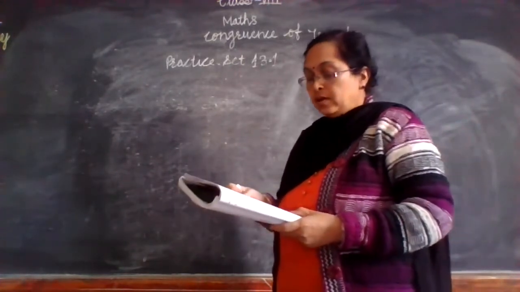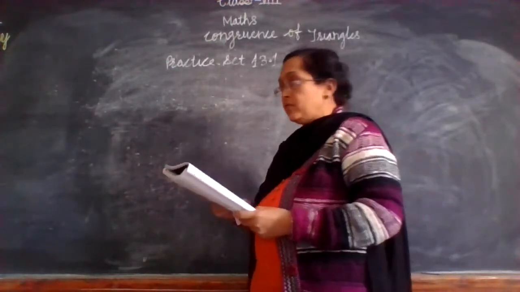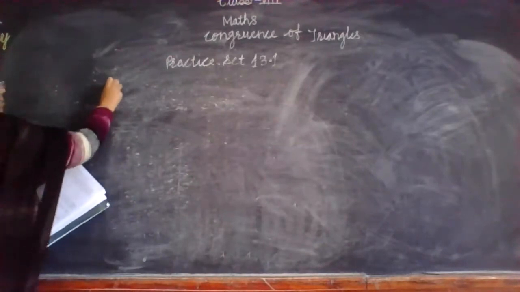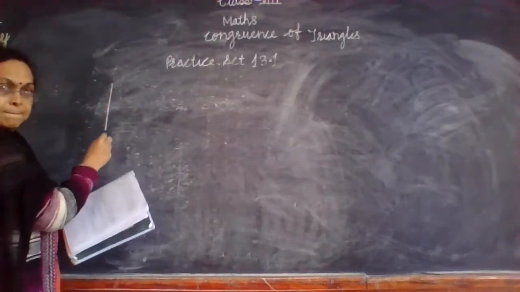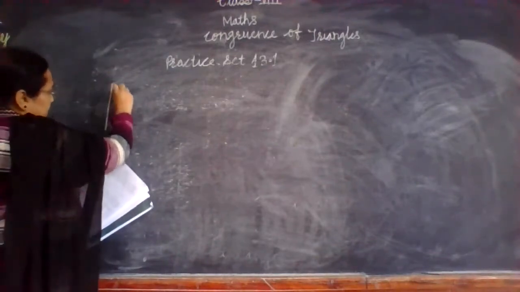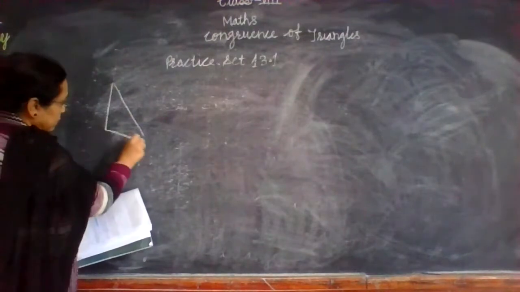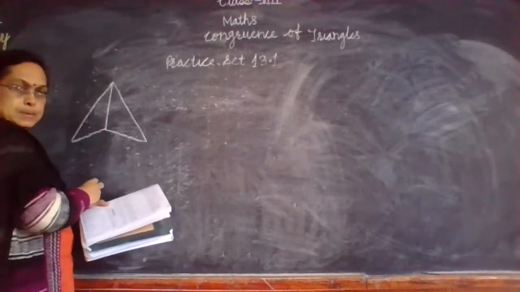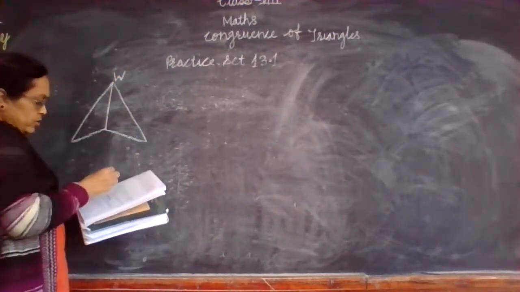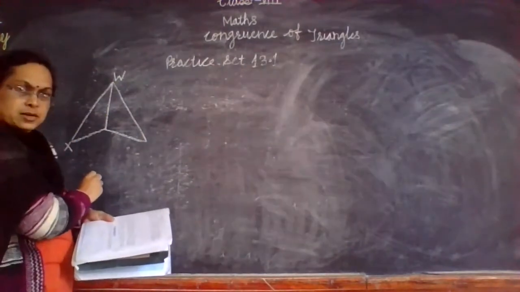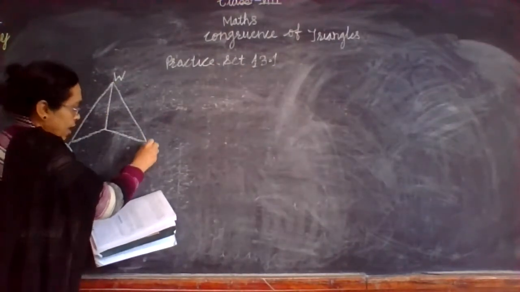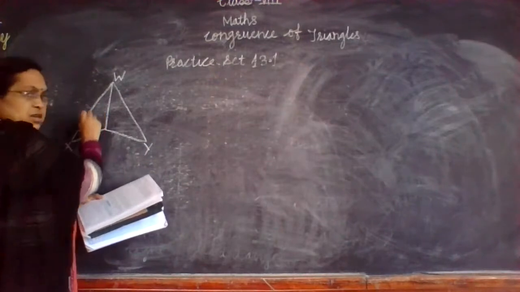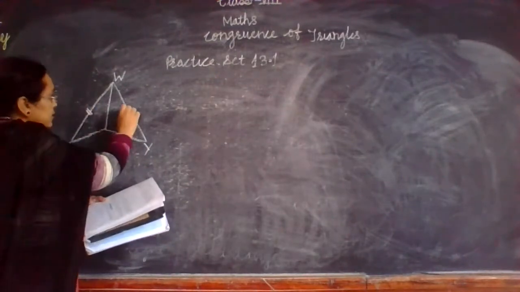Now before that, here the words identical marks are given. Now what do you mean? Identical marks for sides. See now the first figure. It is like this. Here W is this vertex, this is X and this is Y. Now identical marks for these sides are given, XW like this and this.